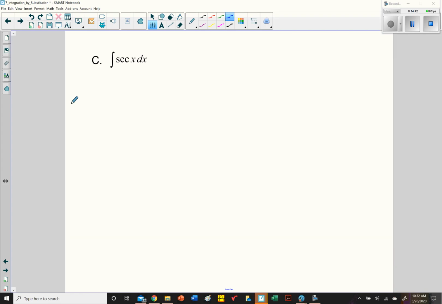So how about secant? Secant's a little testy. So we're going to perform some math magic here. You know, the derivative for secant is secant plus tangent. So let's try this. I can multiply top and bottom.